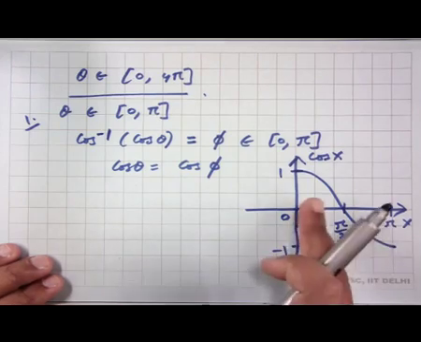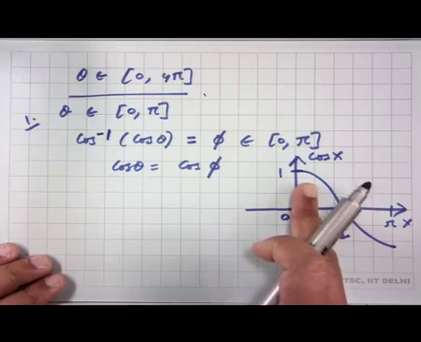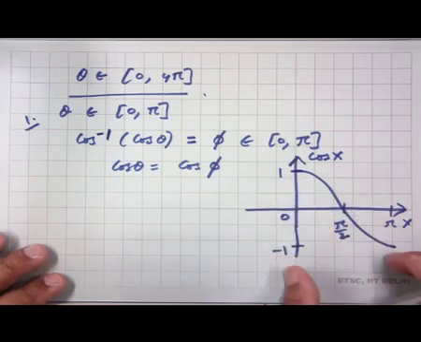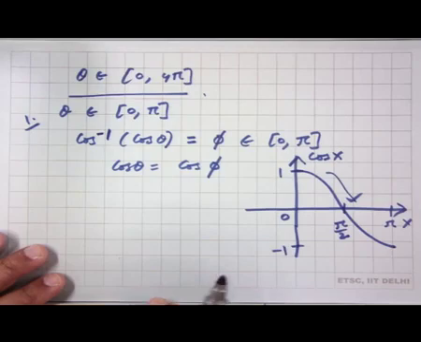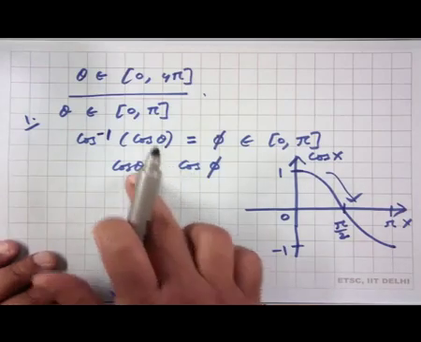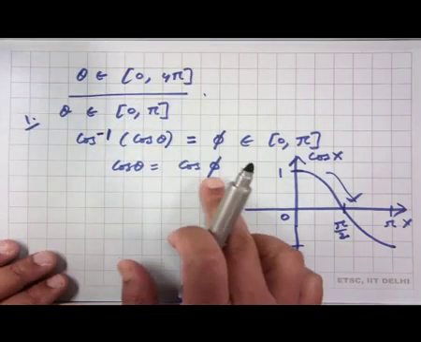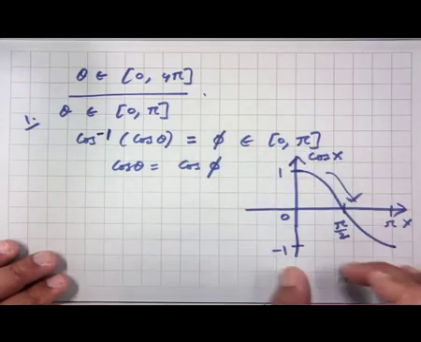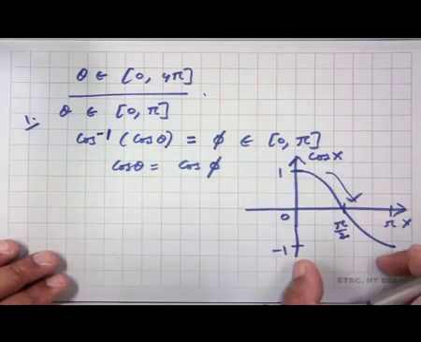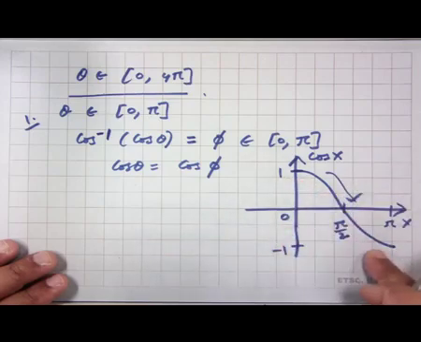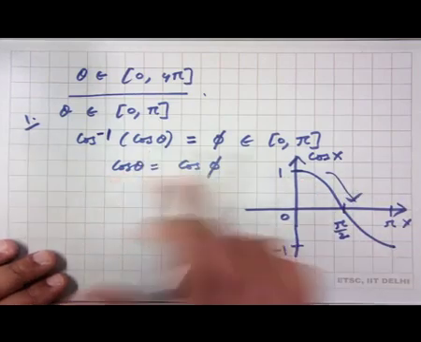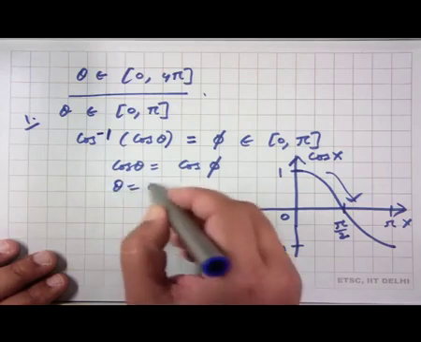And as you can see, the curve, the function cos x, when limited to the interval 0 to pi, is monotonically decreasing with increasing x. And therefore, if we have two angles, theta belonging to 0 to pi and phi also belonging to the interval 0 to pi, so both theta and phi belong to the same interval, and cos theta is equal to cos phi, but since the cosine function is monotonically decreasing, the only way this is true is that theta is equal to phi.